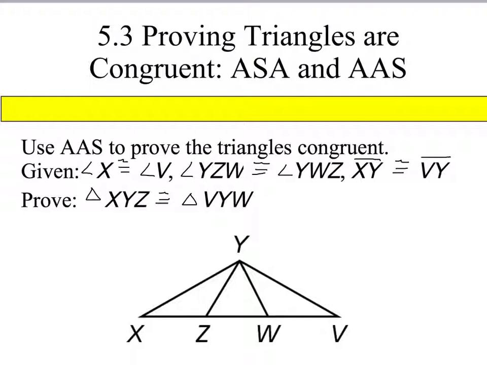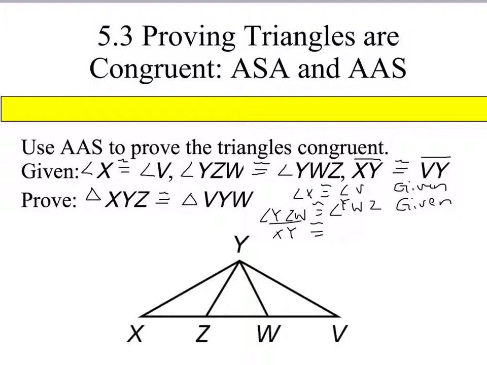We know for a fact angle X is congruent to angle V. That's given. We also were given angle YZW is congruent to angle YWZ. Also given. The last piece of information, XY is congruent to VY, was given.